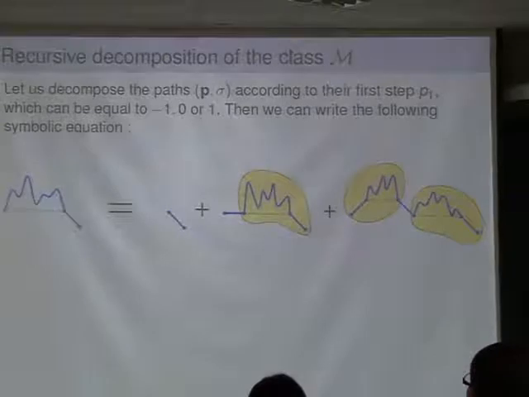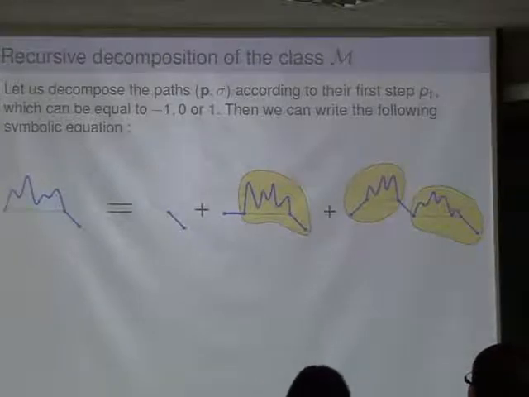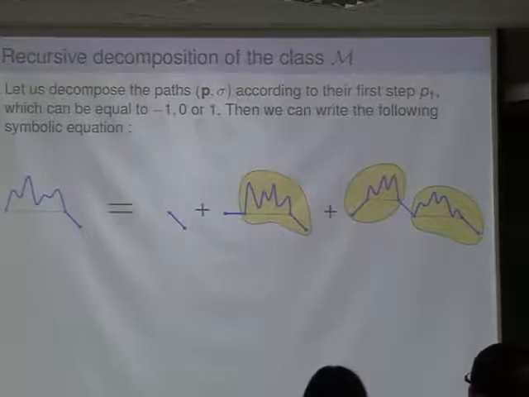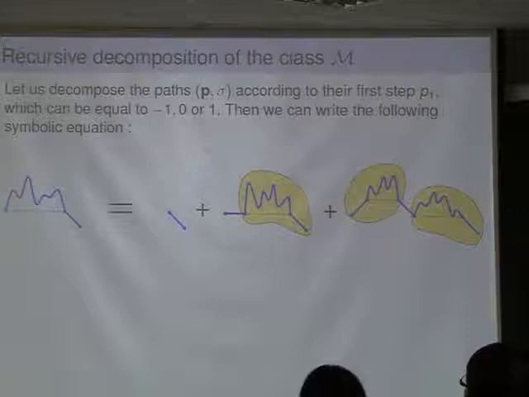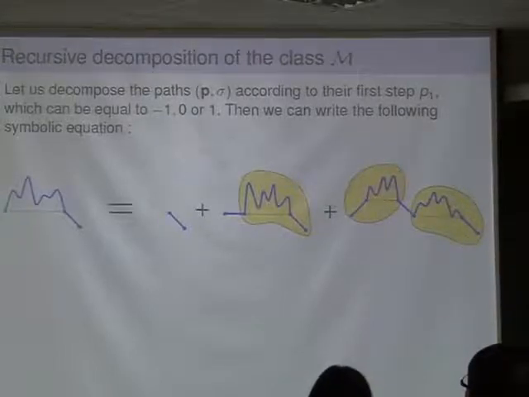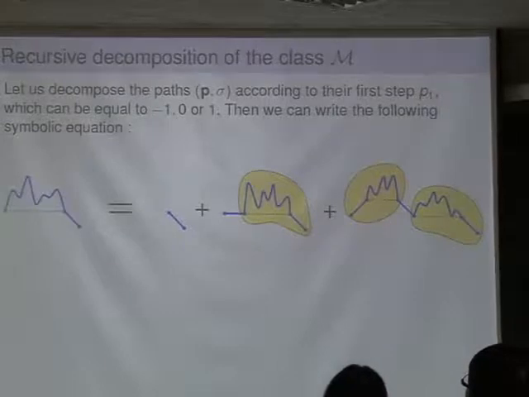The first bijection is really recursive. We will describe the recursive decomposition of our paths, and then see that the class of trees that I will define obeys the same recursive decomposition, so you can define a bijection. Okay, so look at this decomposition. It's one of the main points.